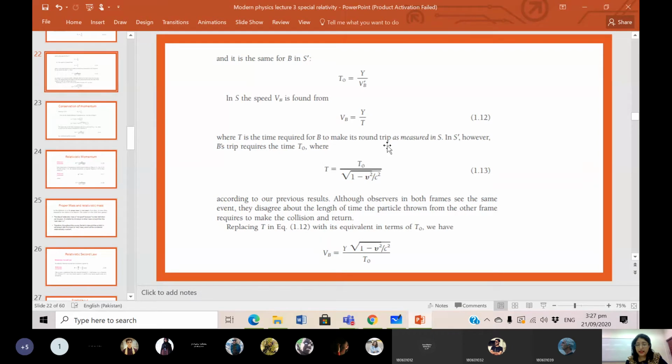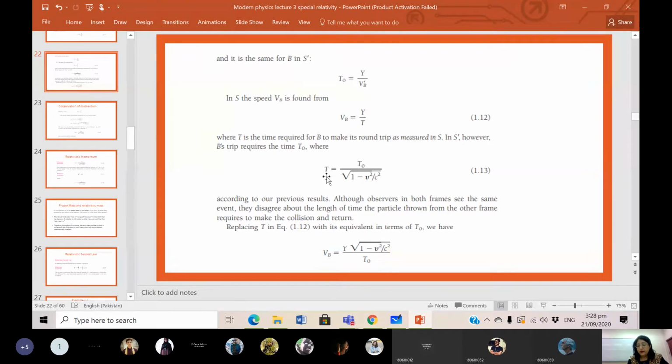T is the round trip time as measured for B to make its round trip as measured in S. Yes, ma'am. In S dash, however, B's trip requires the time T0. So we apply the time dilation formula. T is related to T0 by this formula.